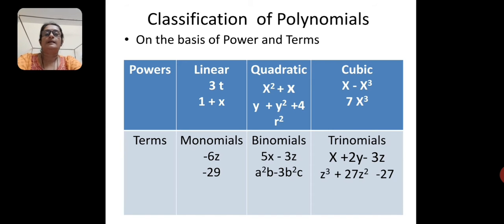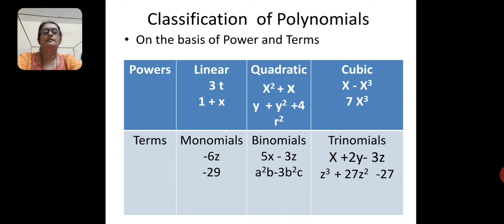So first, take the linear polynomial. In a linear polynomial, the highest power has to be 1. I have taken two examples, that is 3t. So t's power is 1. That is why it is called a linear polynomial. Next one is 1 plus x. So x's power is 1. So it is also a linear polynomial.